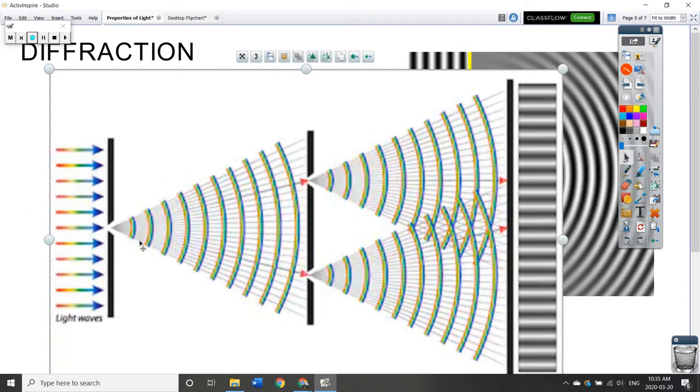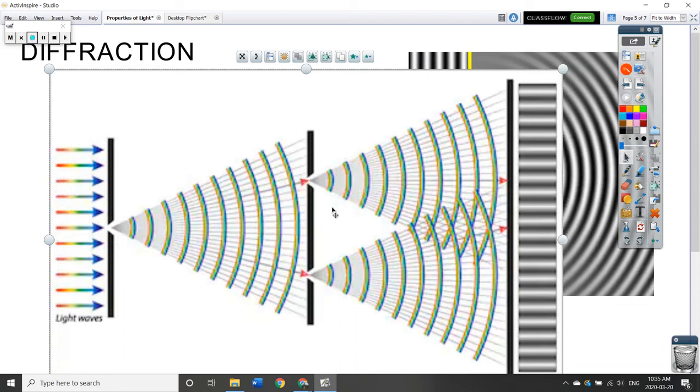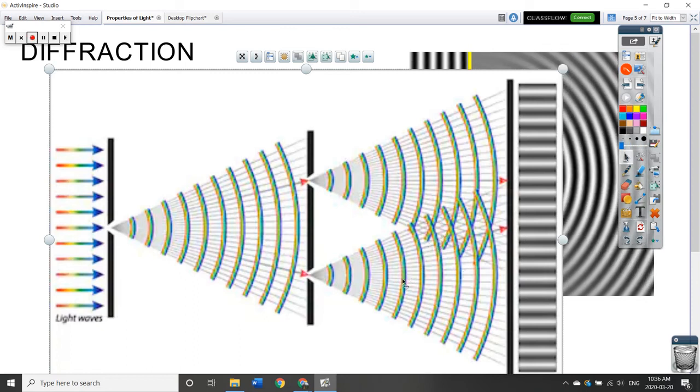So diffraction happens to light when it hits a slit, and we see this most when we have two slits. When we have two slits, because those waves spread out, they actually start to interact with each other. Where the high part of the wave of one of these slits meets a high part from the other slit, we get a bright spot.